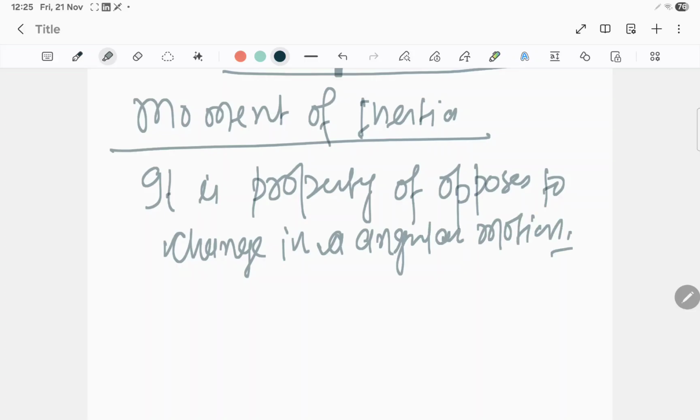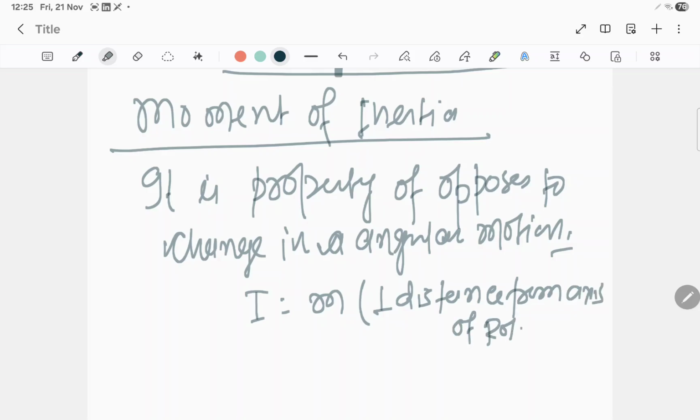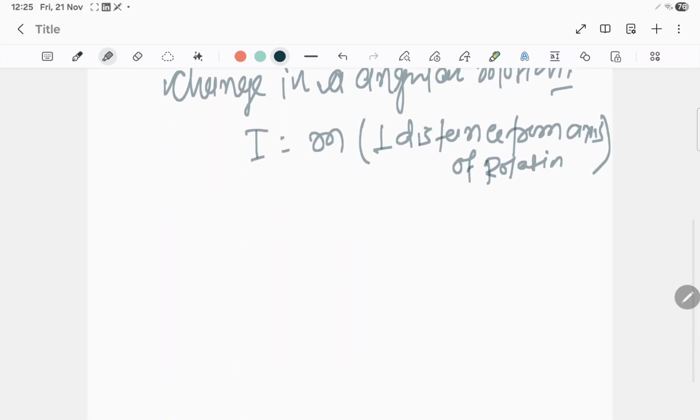The mathematical formula for this will be I, where I is the denotation of moment of inertia, and I equals m r perpendicular squared. M is the mass of this particle, and r perpendicular is the perpendicular distance from the axis of rotation.